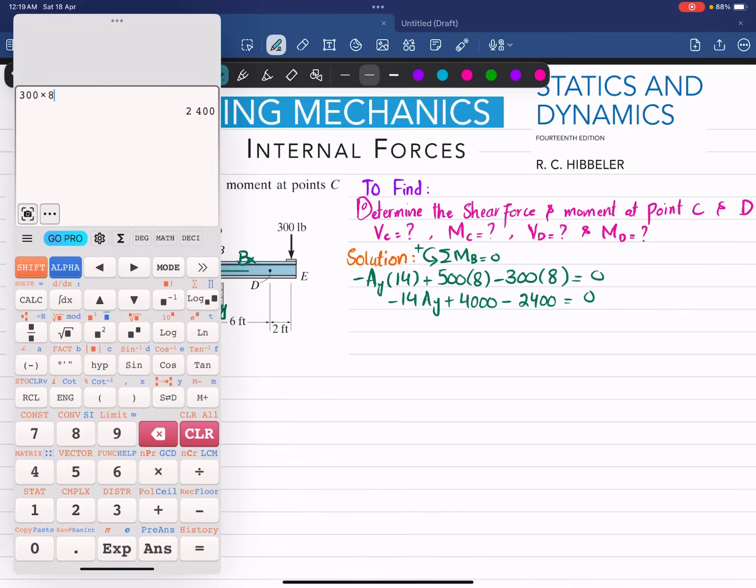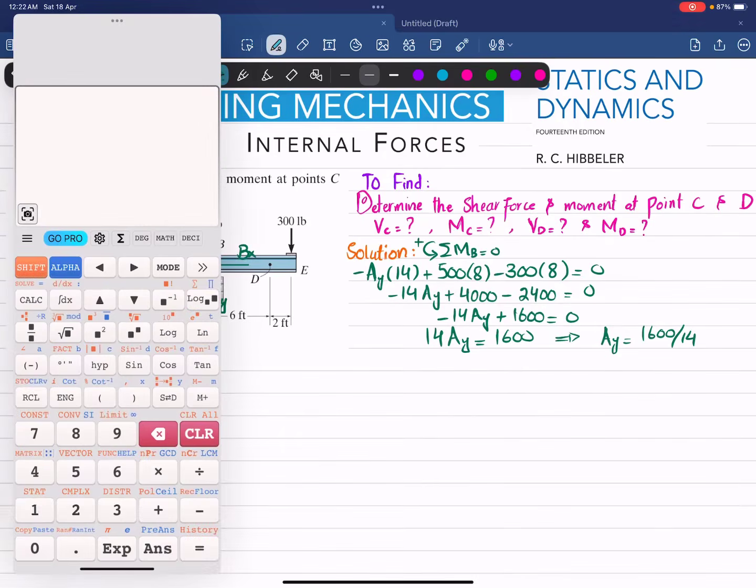Now 4000 minus 2400 will give you 1600, so minus 14 AY plus 1600 is equal to 0. From here, 14 AY will be equal to 1600, and AY will be equal to 1600 divided by 14.